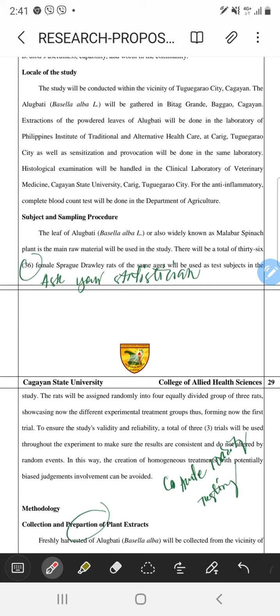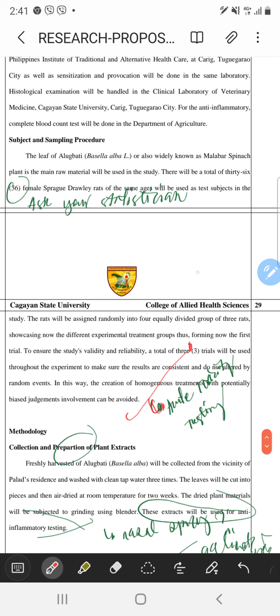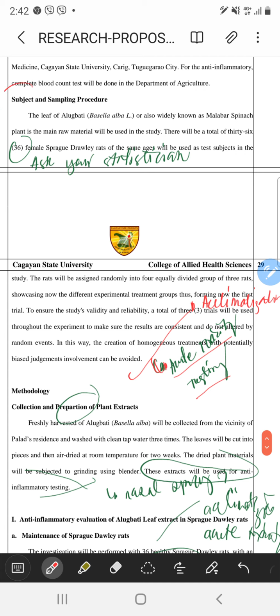I don't see any sampling here. You can already write here your acclimatization step and the acute toxicity testing when you're talking about your subjects and how you distributed your number of rats to your treatments at this part, subject and sampling procedure.